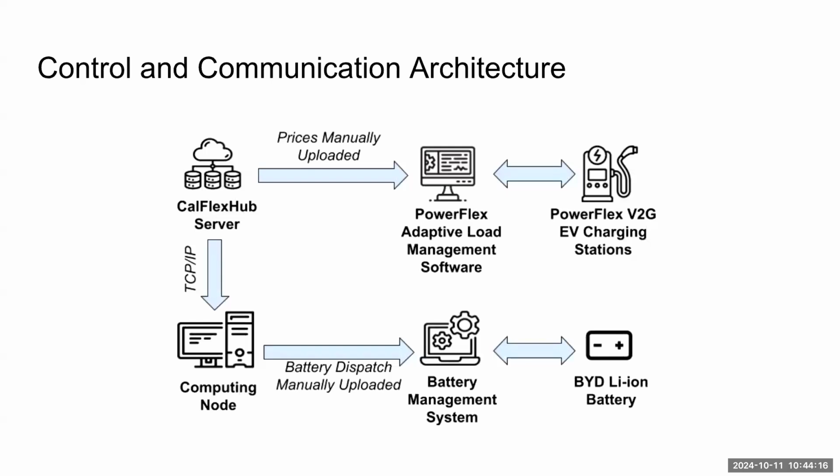In this case, for the EV charging stations, we actually still have to do manual downloads of those prices and then put them in the load management software, and then they could be used to delay the charging of the cars. For the battery, it was more automated, so we used a TCP/IP computing node and then uploaded the dispatch to the battery system.